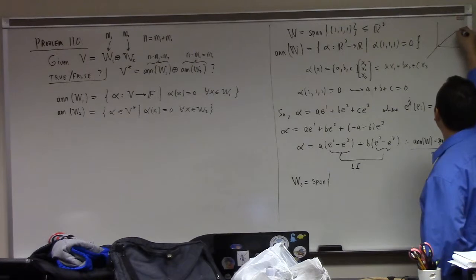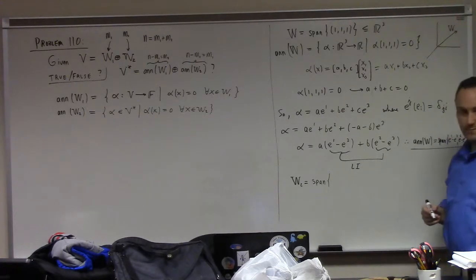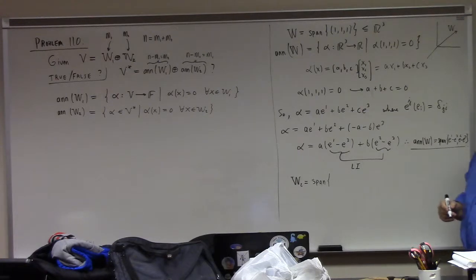So this is W1, basically. I mean, W, rather. Anything will work here as long as W2 has two vectors which are not collinear, or the sum of which is not collinear with the z-axis.